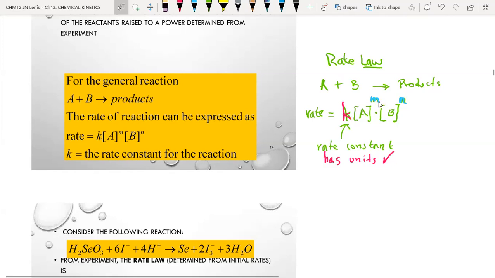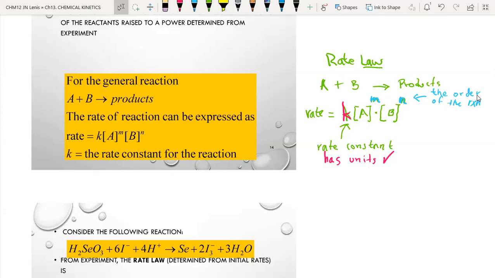M as a Mary and N as a Nancy. Two different exponents. We call these exponents the orders of the reaction.